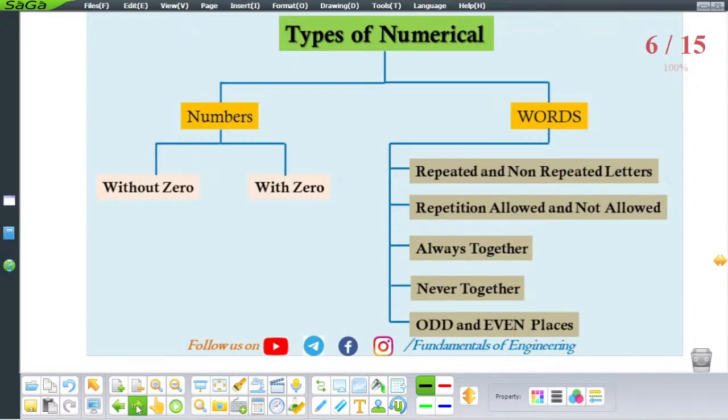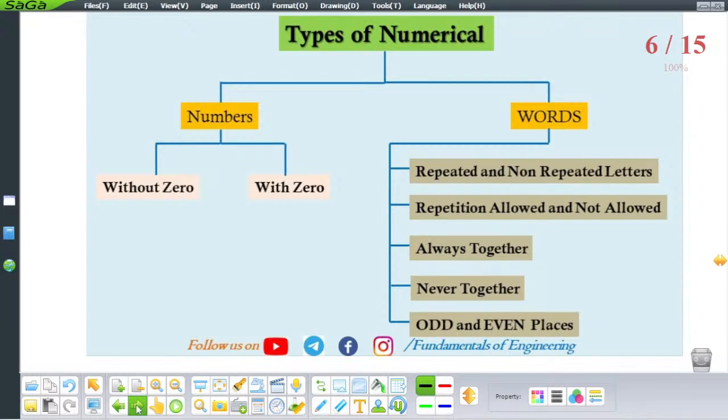Now what are the numericals we are going to discuss in this session? In permutation, we have two types of numericals that you get in your exam. One is the number type, the other is the word type. In numbers, you have to arrange the numbers which contain 0 and which do not contain 0, that is, without 0 and with 0, and find out the different 2-digit, 3-digit or 6-digit numbers.